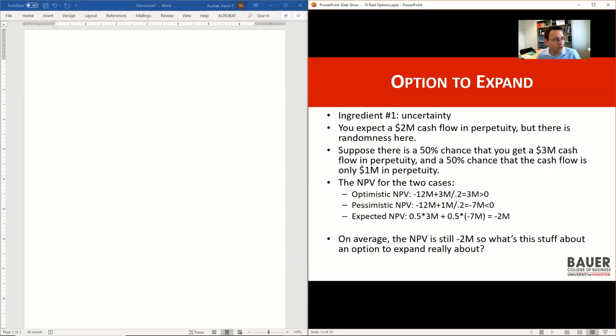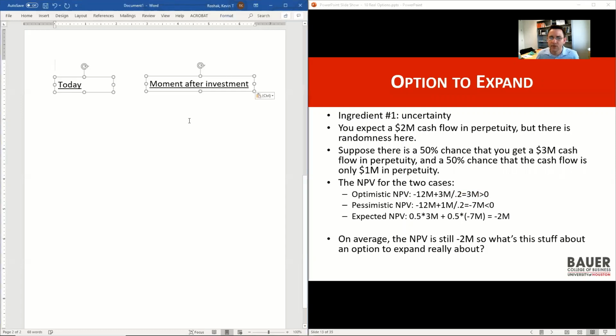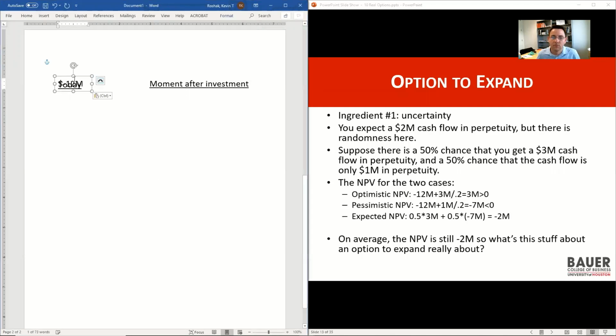Okay, so let's draw out kind of a typical decision tree. We said that decision trees are a very helpful way to structure our thoughts for real options because they summarize the uncertainty and how our decisions change in the face of that uncertainty. So what happens today is you're putting in $12 million. Okay.